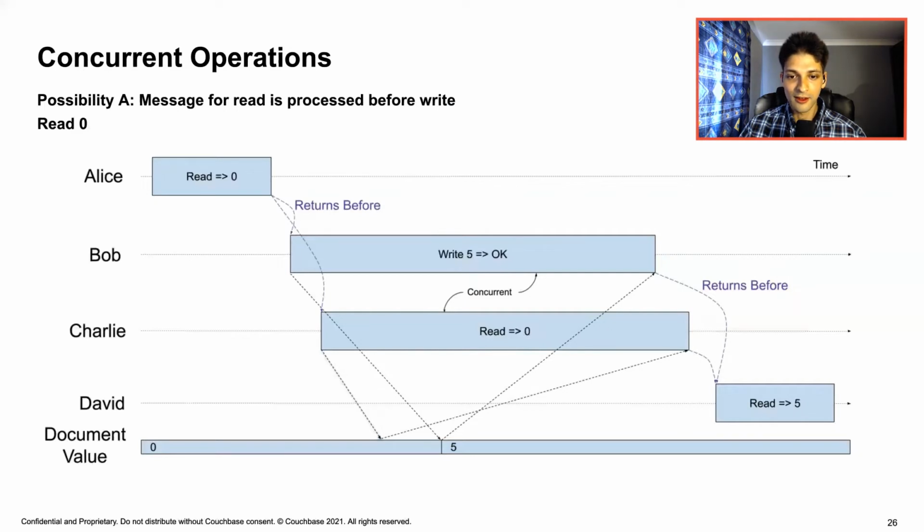In this case, Charlie's read returns a 0 because it arrives before Bob's write and is processed first. Messages can arrive faster or slower, and consequently, the delay between sending and receiving a message results in some ambiguity. If the read operation arrives after the write and is processed after the write, the read operation returns a 5 instead.